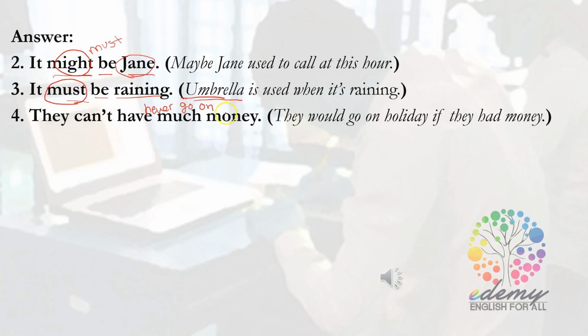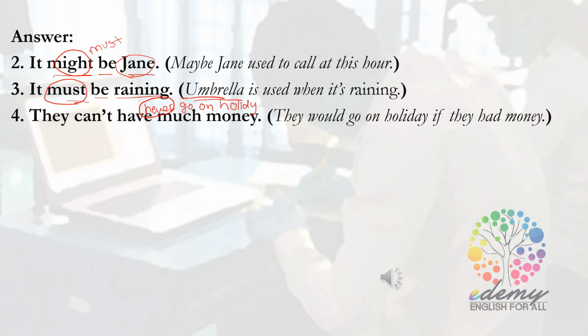When people never go on a holiday, I'm sure that they don't have enough money, right? Because if they had enough money, they would go on a holiday. The keyword here is the word never. Because of that, the response is "they can't have much money".